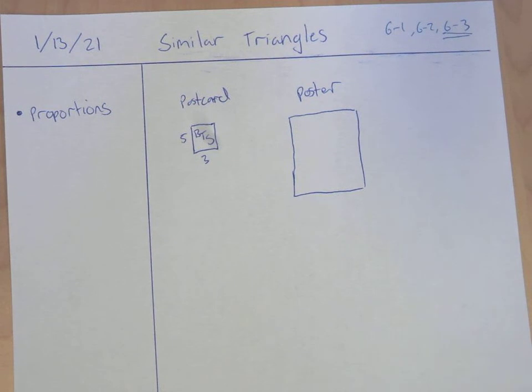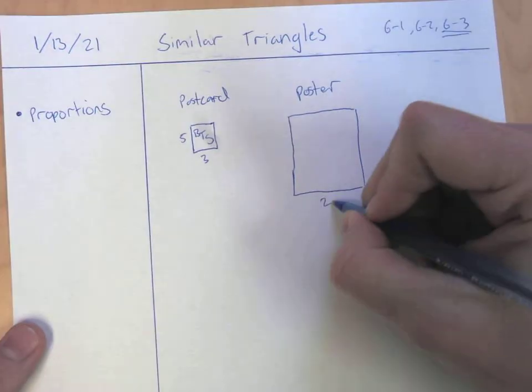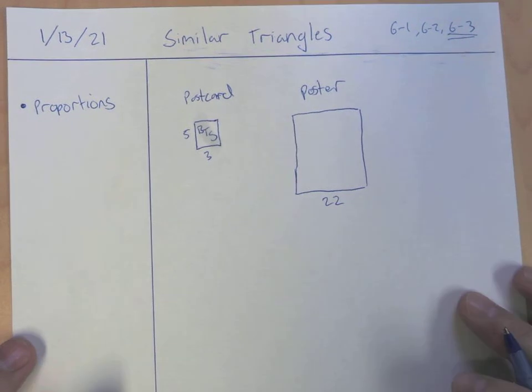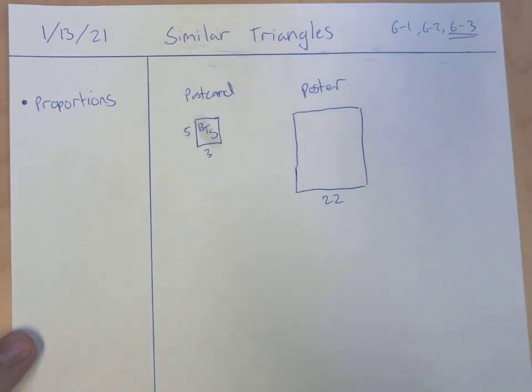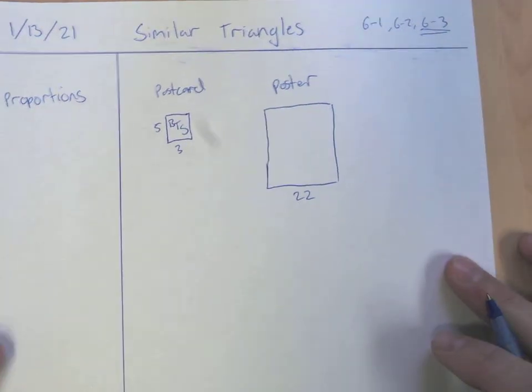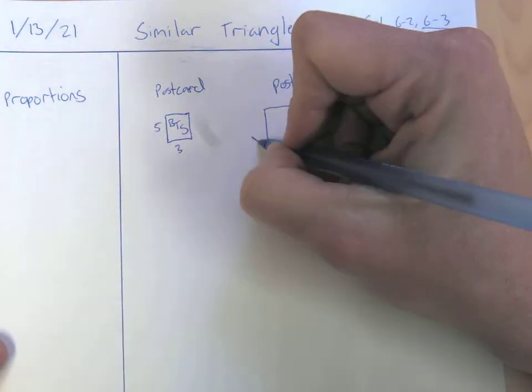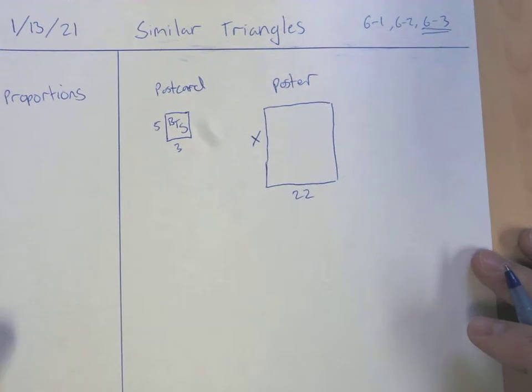And in order for it to fit the way we want it to, we want it to be 22 inches wide. Okay, and we don't care necessarily about the height, but remember we just want it to be proportional, which in this case means that the relationship between the height and the width stays the same. We don't mess it up. We don't distort it. The image doesn't look stretched or skewed in one direction.